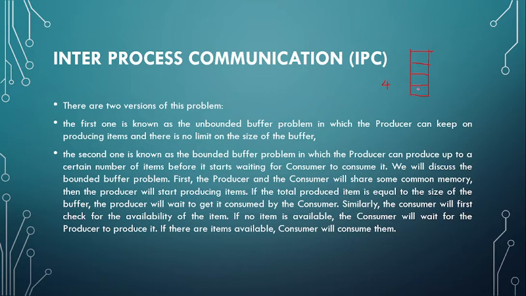So, he can produce up to 4 elements here, producing A, B, C and D. Now, the buffer is full. The buffer is limited, so the producer cannot produce any items further. Now, the consumer can consume items from this buffer. This is how the bounded buffer problem works.